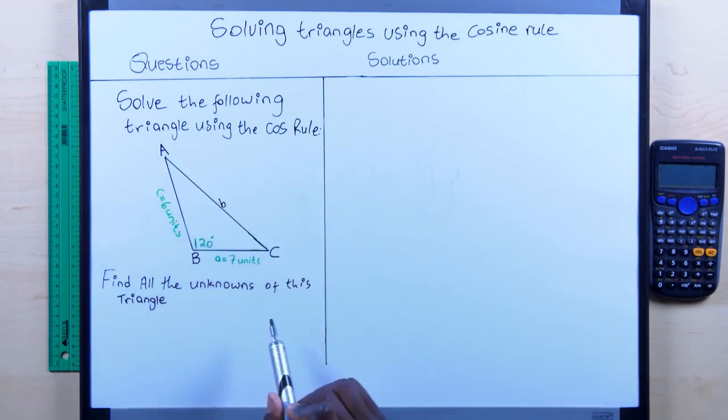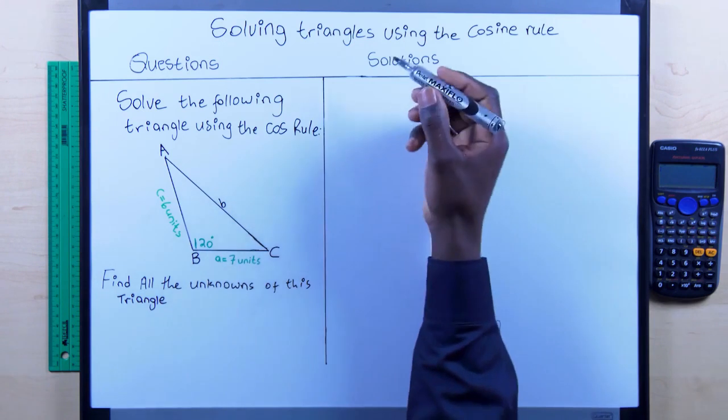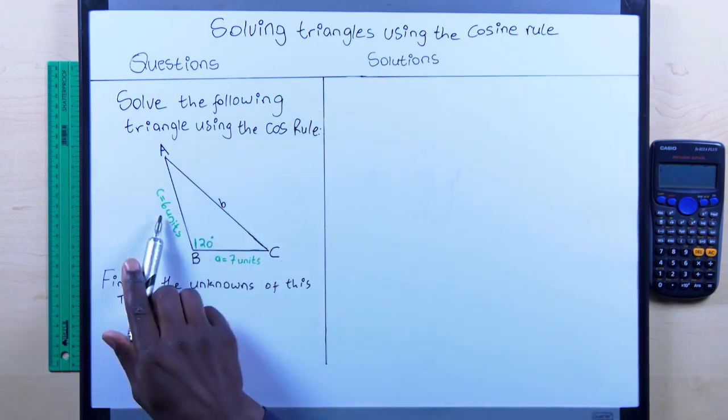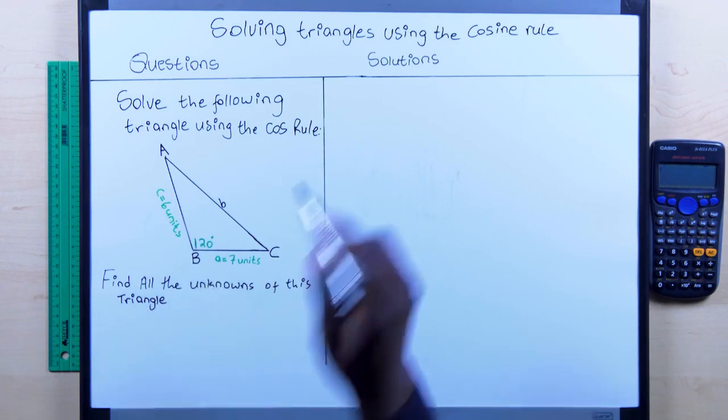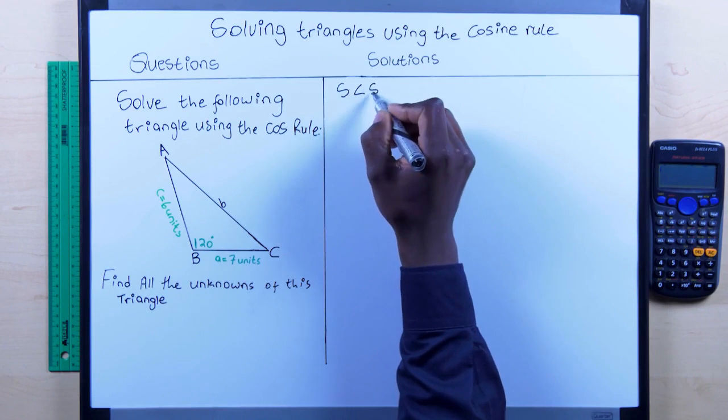Find all the unknown sides of this triangle. So what does it mean? Both sides and angles. It means that you must state down first, what do you have? You have side, angle, side. So you can use the cosine rule there because you've got side, angle, side.